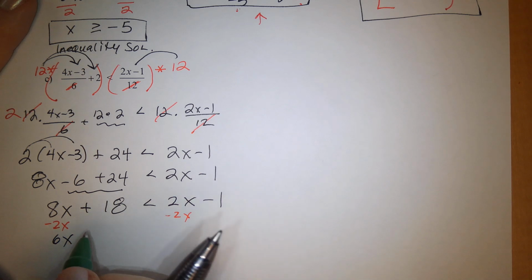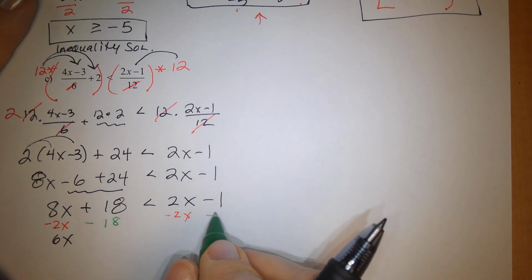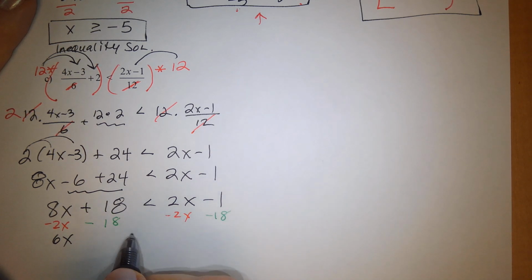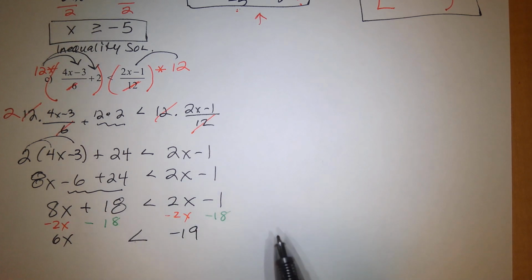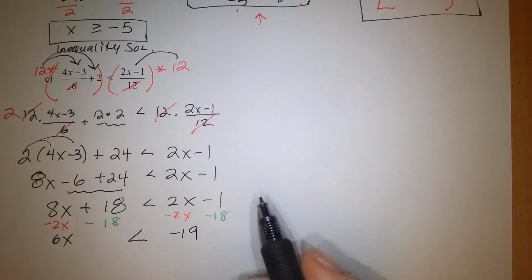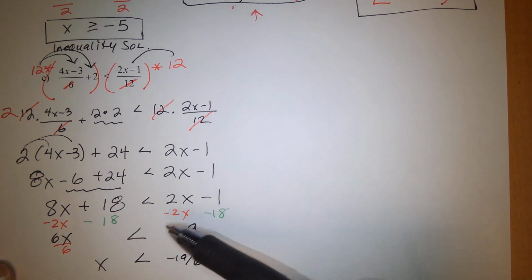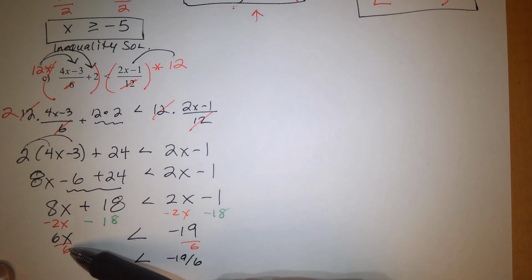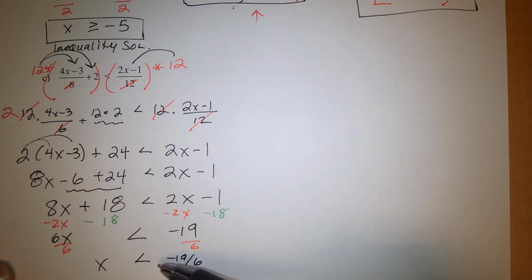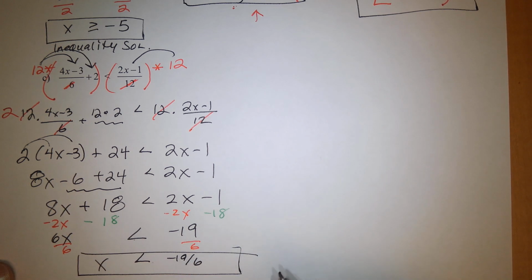At the same time, I'm going to move the 18 over to this side. So I have 6x is less than negative 19. Then we're going to divide out the coefficient. So that gives me x is less than negative 19.6. I never multiplied or divided by a negative number, so I never had to change the sign. So here's my inequality.